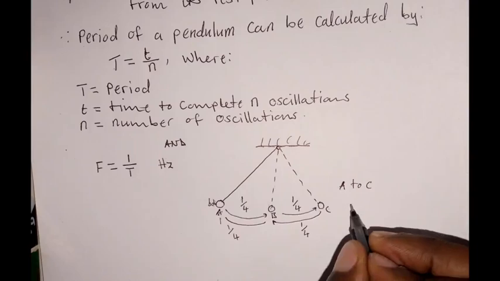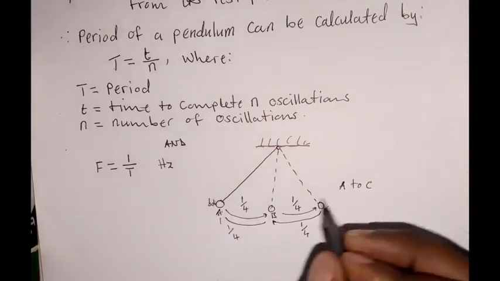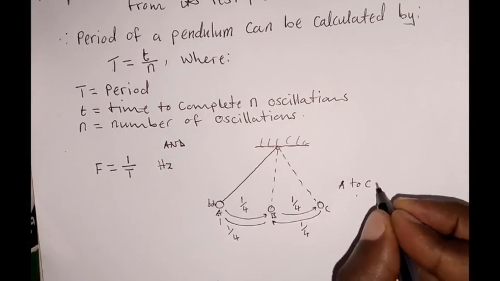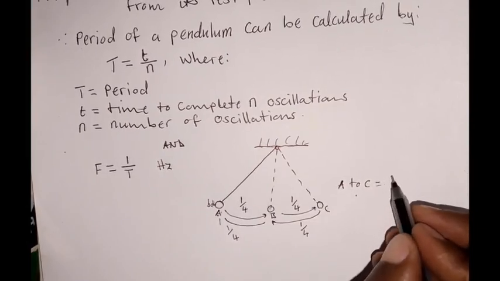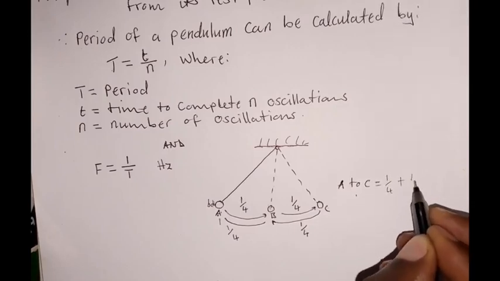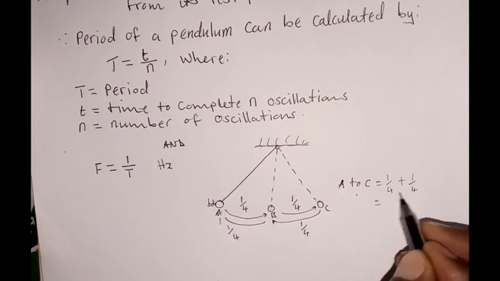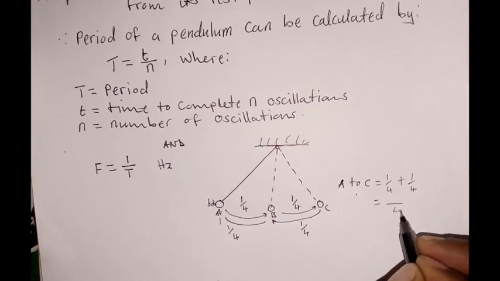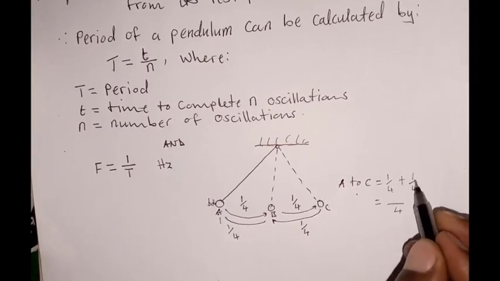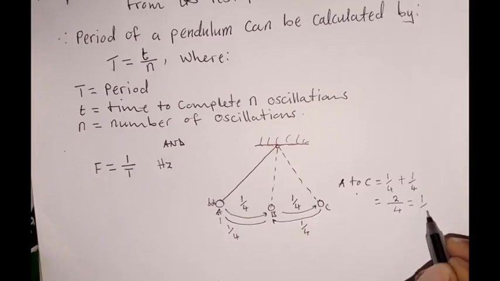we just need to add 1/4. We add 1 over 4 plus 1 over 4. When you add this, the common denominator is 4, then 1 plus 1 gives us 2, and we can divide, it's 1 over 2.